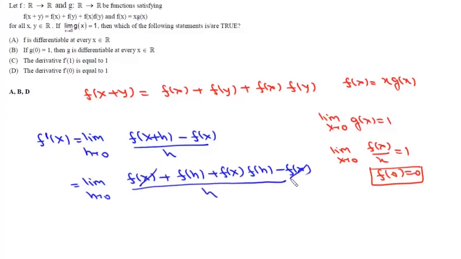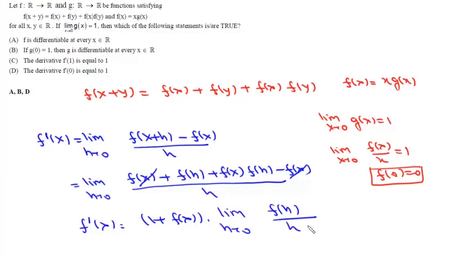Now this f(x) will cancel. We can write this f'(x) as, we'll take 1 plus f(x) common, and it will be this limit h tends to 0 f(h) upon h. Now we can write this as f(h) minus f(0), because f(0) is 0, and this is nothing but f'(0).